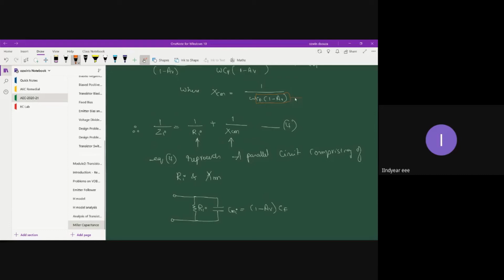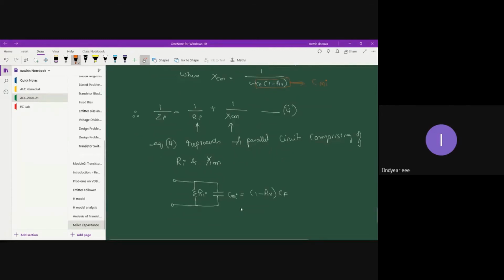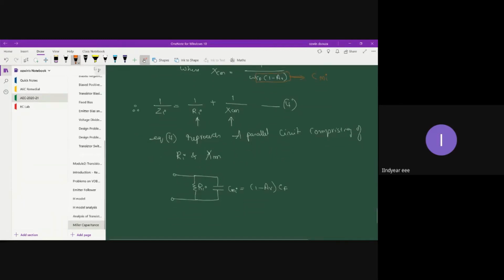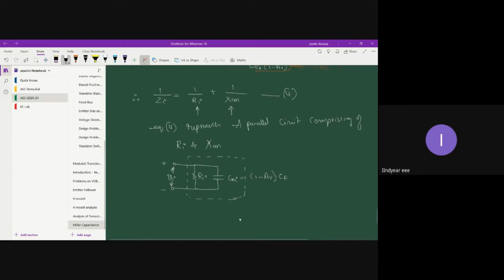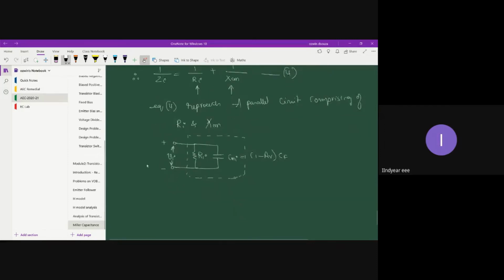This particular product we are taking as the Miller input capacitance, CMI. And this is your VI. So this is the equivalent circuit when we consider the Miller effect capacitance.